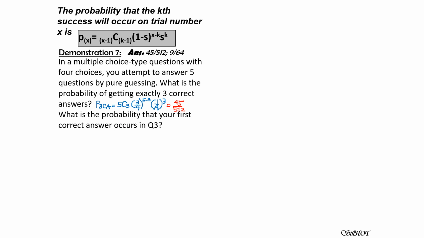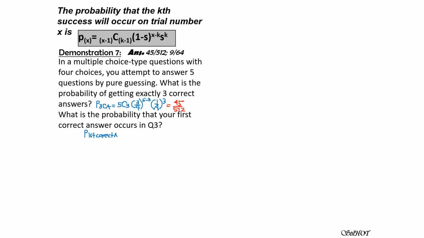So 1 minus 1/4 raised to x minus 1, so 3 minus 1. So the power is 2, then times the probability of success 1/4. So it is the probability that the first correct answer occurs in question number 3 or trial number 3.